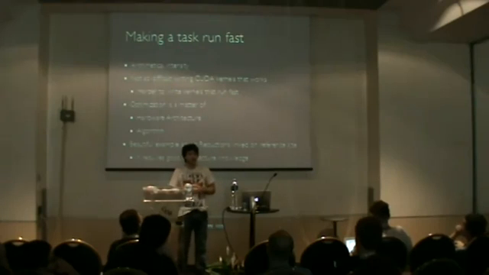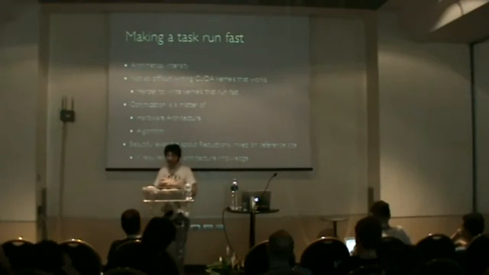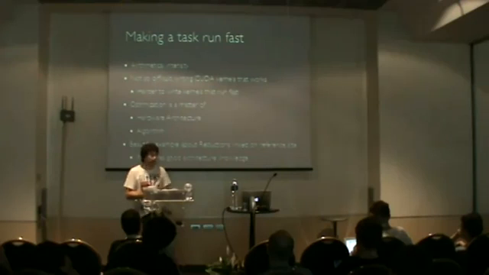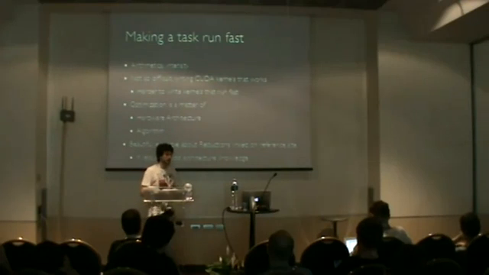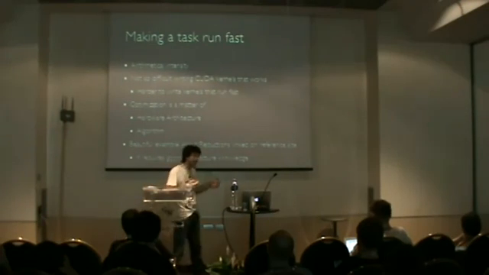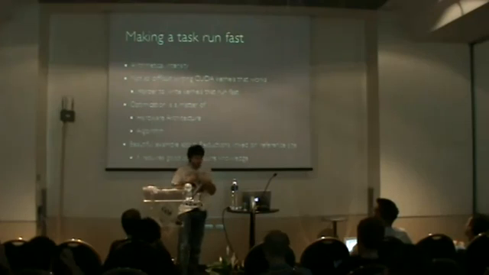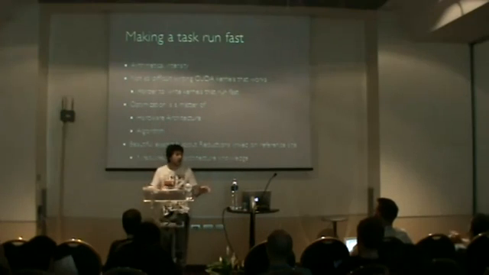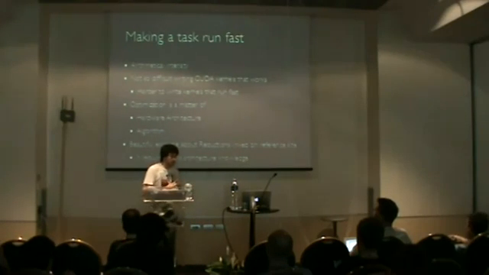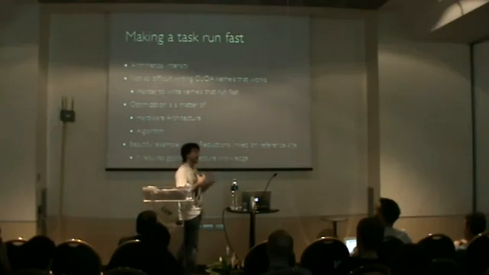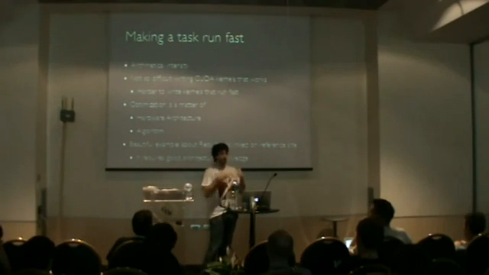A good work of this kind is done by Mark Harris. Mark Harris is a cool guy that works at NVIDIA, and in my opinion he made one of the most beautiful works on CUDA optimization. It shows how you can take a reduction operation.